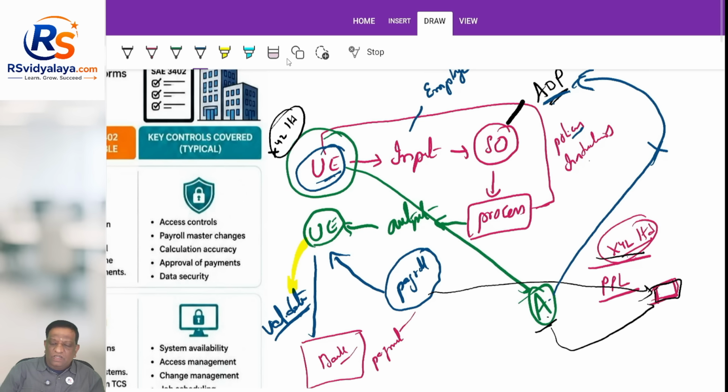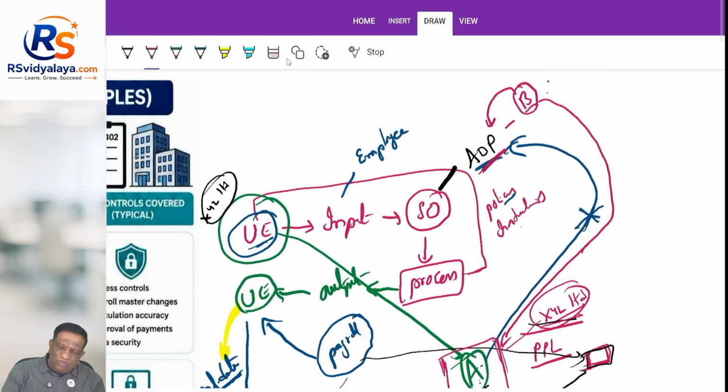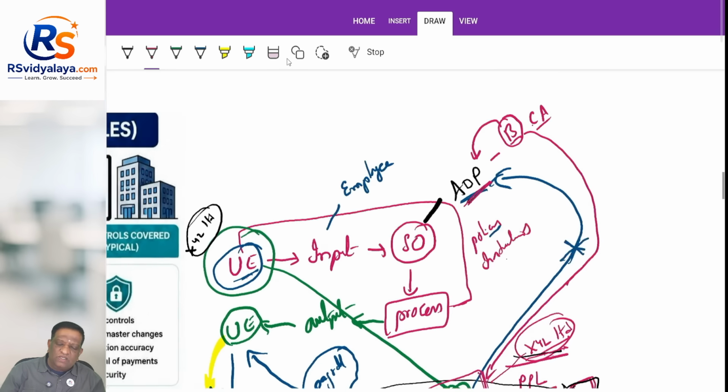So, B will review all the controls existing at ADP, and whichever entity is asking for the data, he would review their specific contract and the specific controls requested, and he would give an assurance to A. Imagine, most likely this will be a CA firm. If it is not a CA firm, we are not talking about anything here.